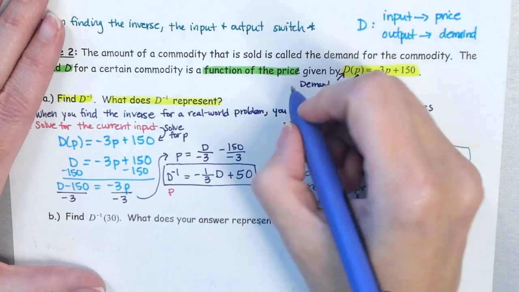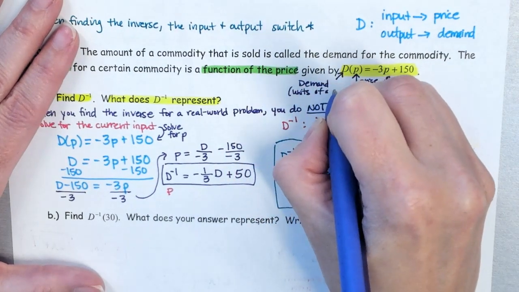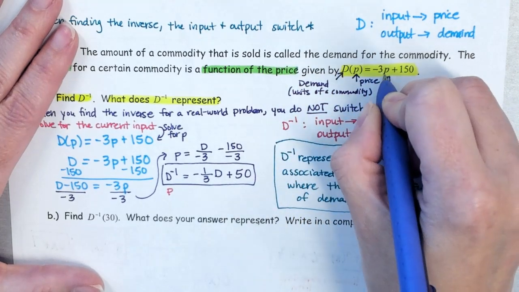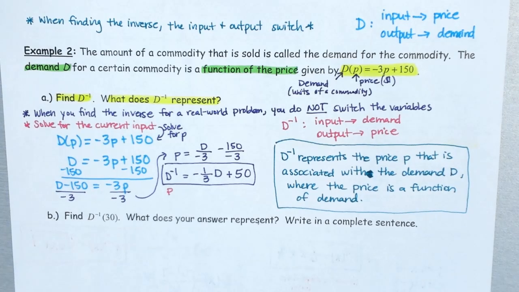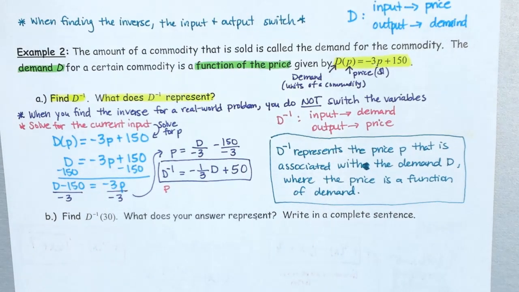So this is going to help us with step B. Okay, so the demand is the units of a commodity. It says the amount of a commodity that is sold. Okay, and then the price, we measure the price in dollars.